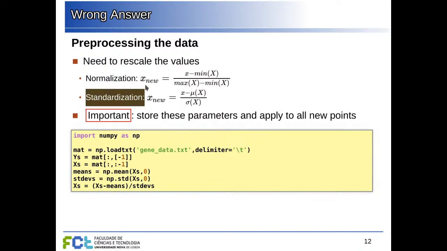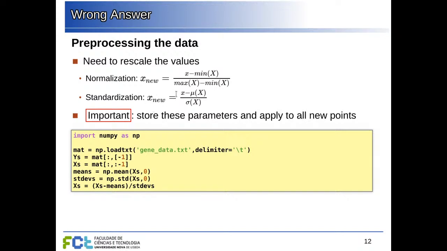A standardization is a form of rescaling our data so that the new values will be distributed with a normal distribution, so have a mean of 0 and a standard deviation of 1. Approximately normal, depending on how they're distributed, but the mean and the standard deviation will be 0 and 1 respectively.